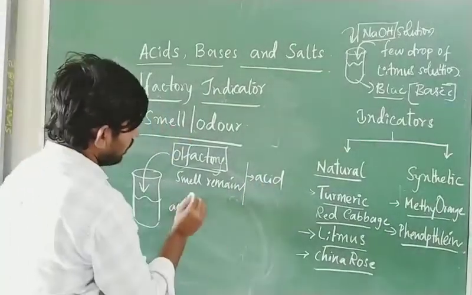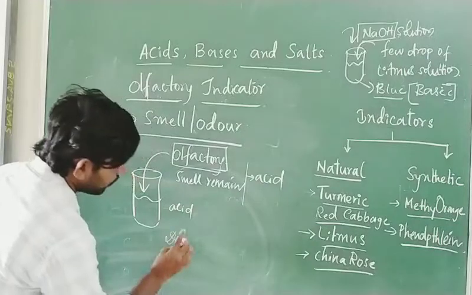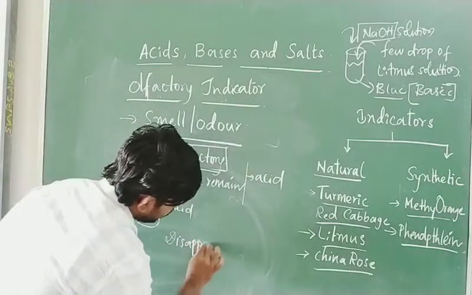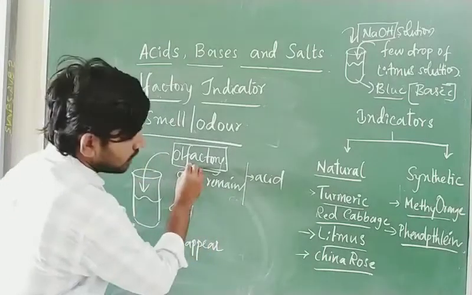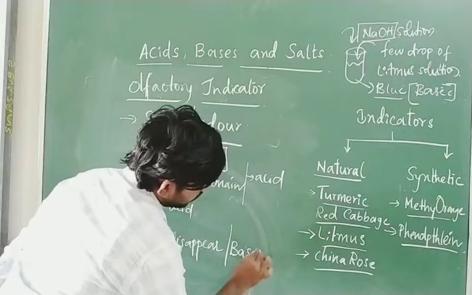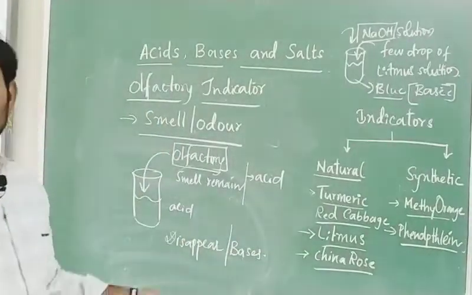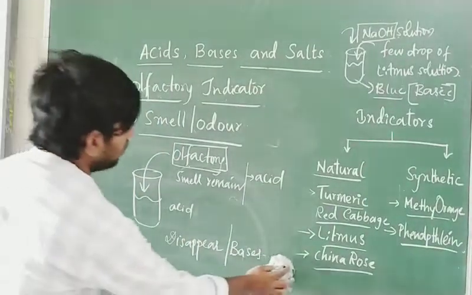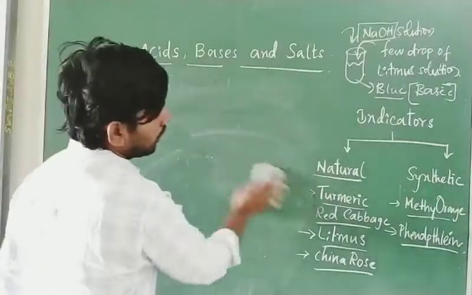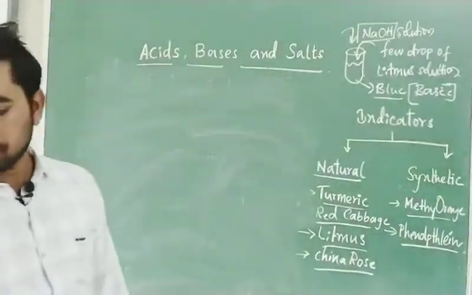If the smell disappears after the addition of this indicator, then it is called a base. Like that we identify acids and bases using this indicator, which we call an olfactory indicator.